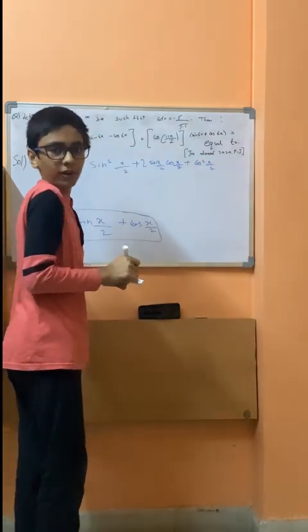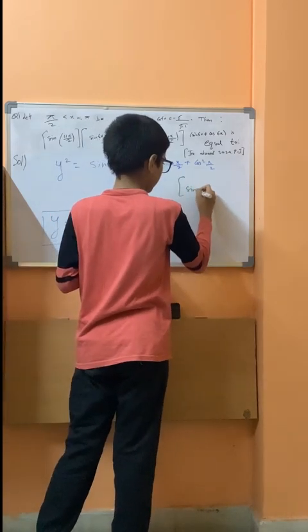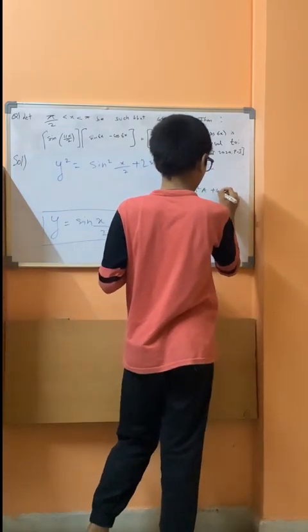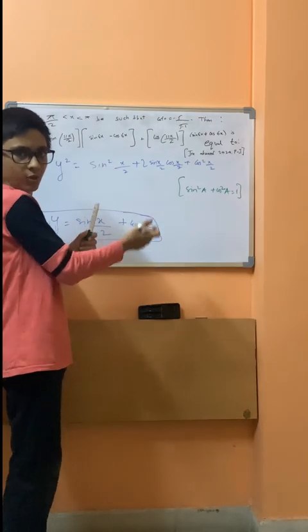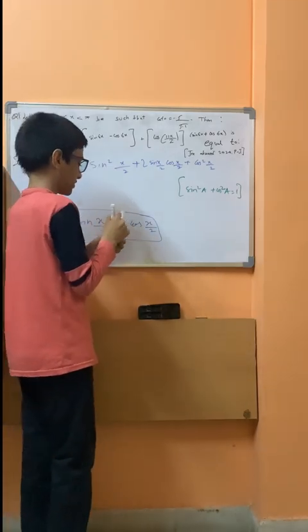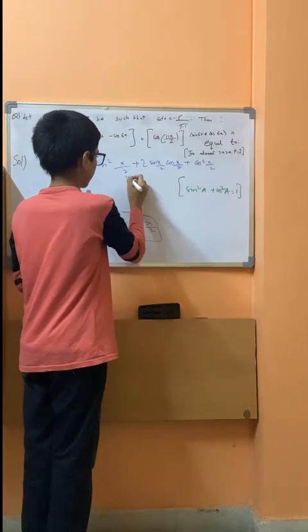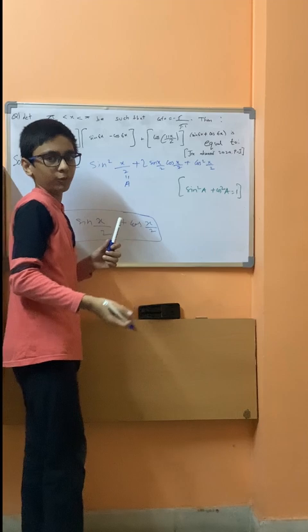Now before we move forward, I have one more identity to tell you. Which is sine square a plus cos square a equal to 1. So if x by 2 is a, this is sine square a, this is cos square a. So they both club together and become 1.